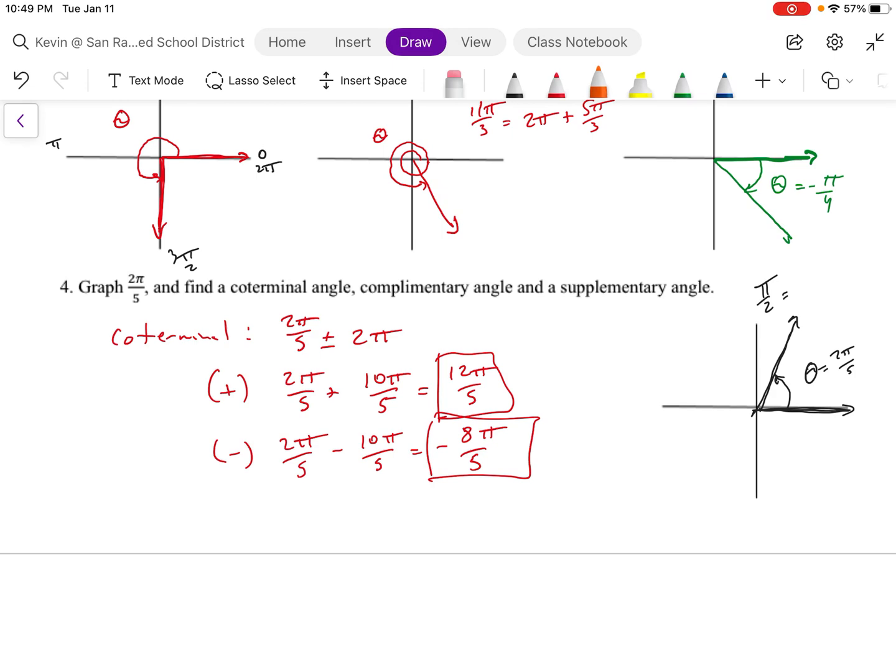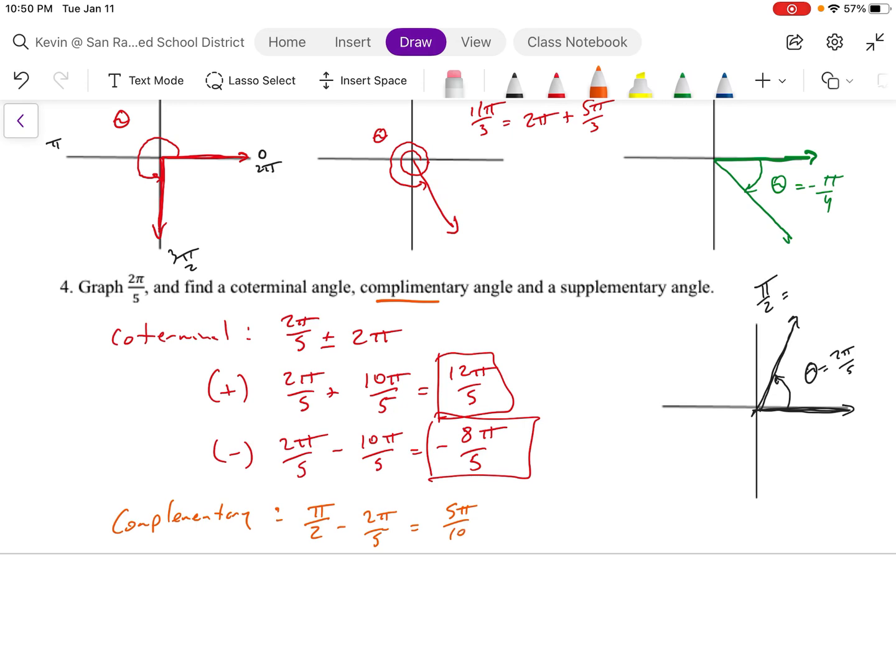It then wants a complementary angle. Complementary, we take pi over 2 minus our angle, 2 pi over 5. All right, we're subtracting fractions here, so we need to get a common denominator.